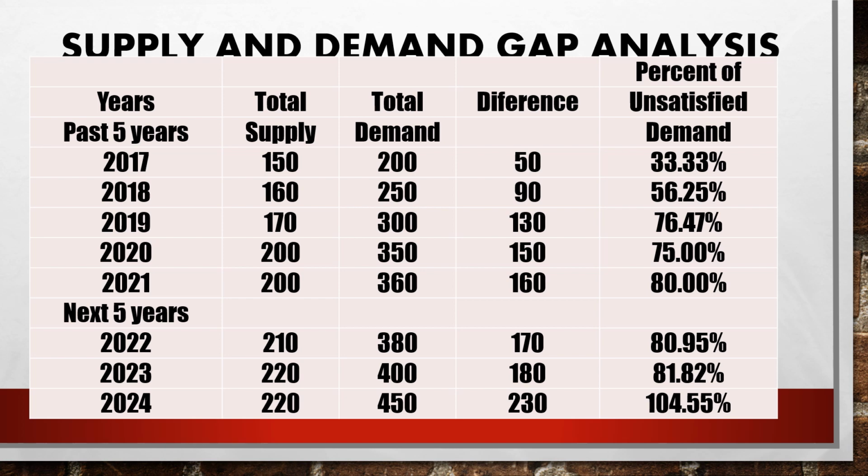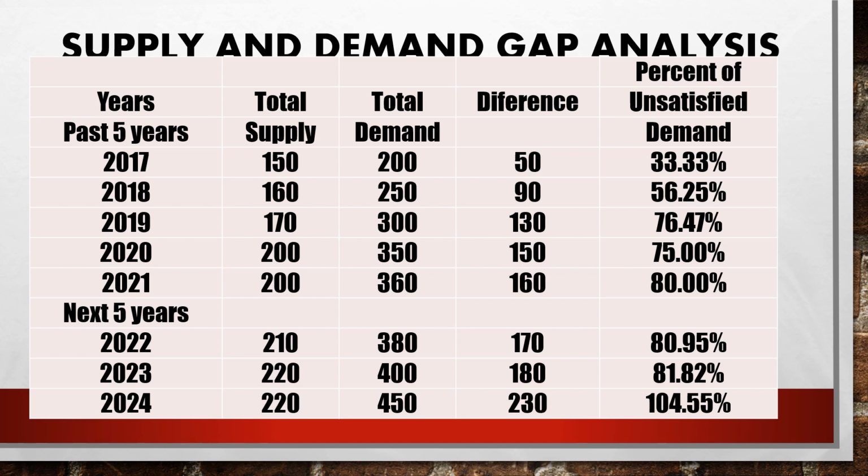So, looking at the supply and demand gap analysis, nakikita na natin in a clear picture kung gaano kalaki yung kakulangan dun sa supply. Kaya ibig sabihin, may pwesto pa tayo sa merkado. So, in example, sa year 2022, ang total demand ay 380. Pero ang projected supply lang ay 210.